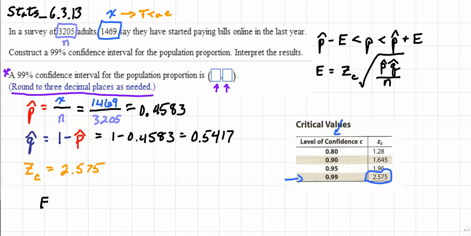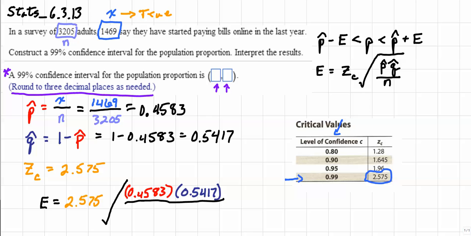It's at this point that we can solve for E. E, remember, is given by z sub c, which is 2.575, multiplied by the square root of p hat, which in this case is 0.4583, times q hat, which is 0.5417, divided by n, which is 3,205.